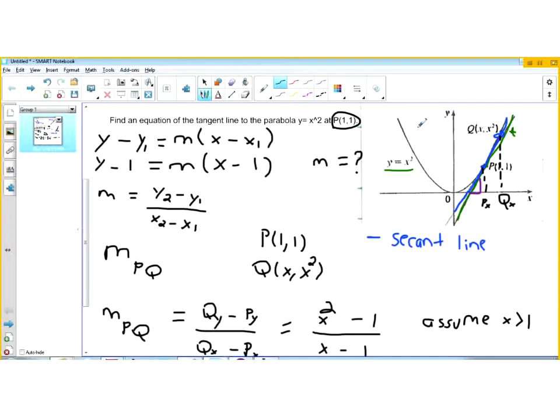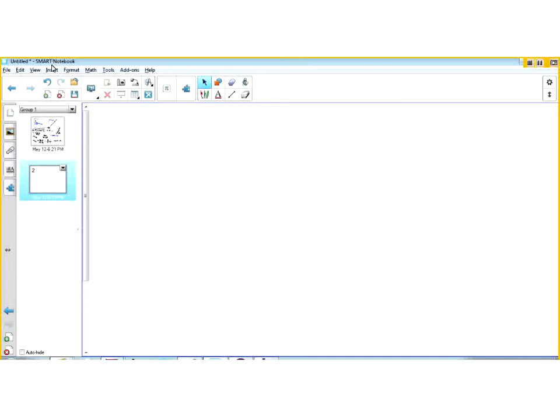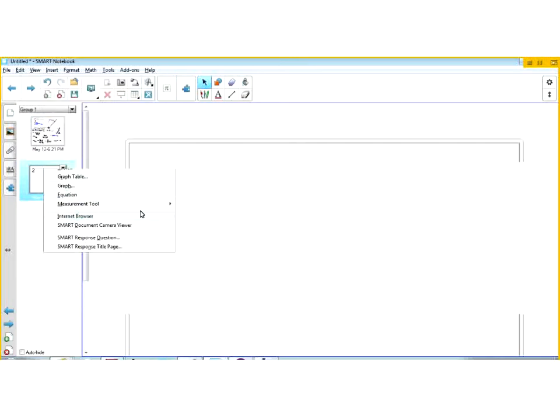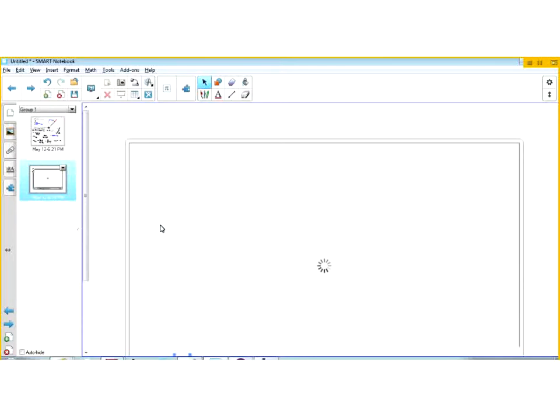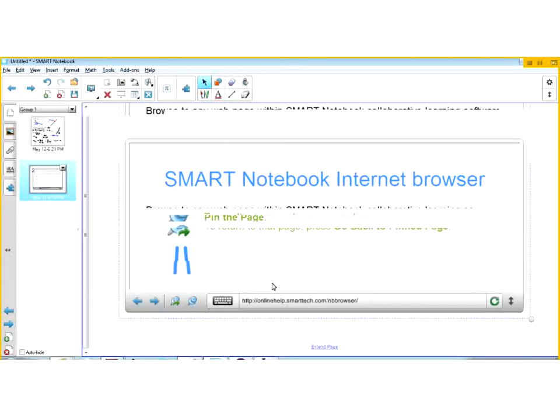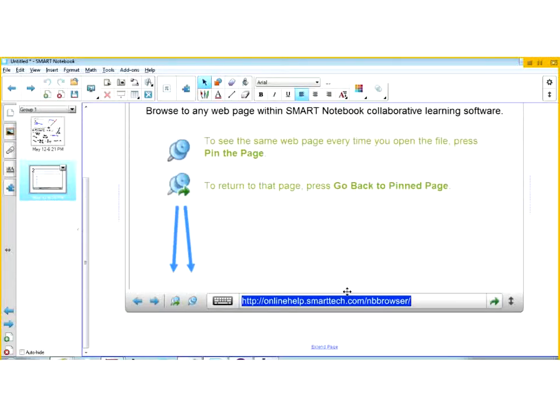I'll pull it up on a browser here. One second. I'm looking for an example. Let me go to another page, insert another page. And let's see, let's insert a browser. Show you something, a trick here.